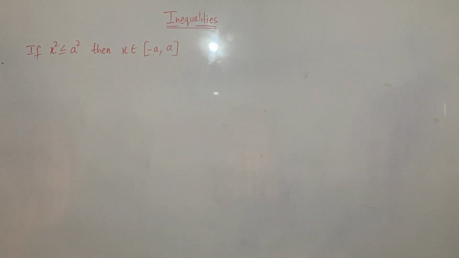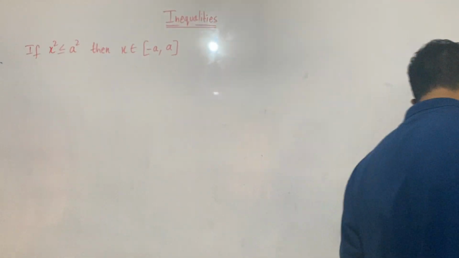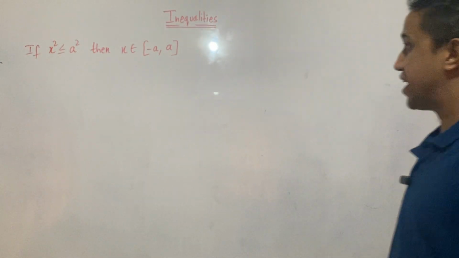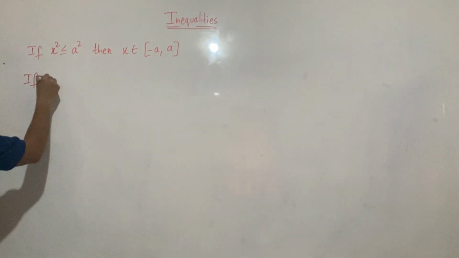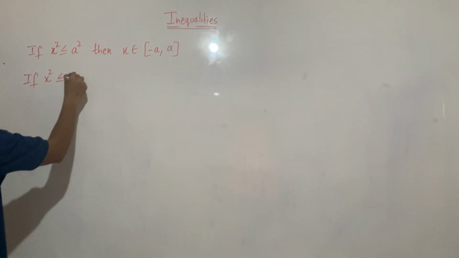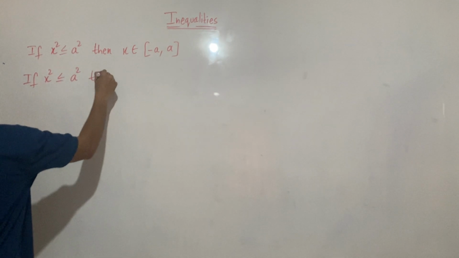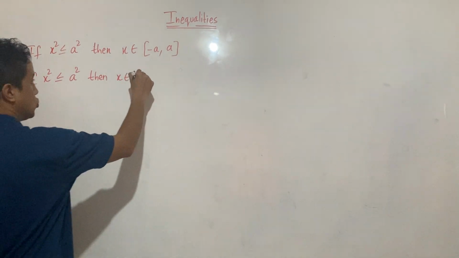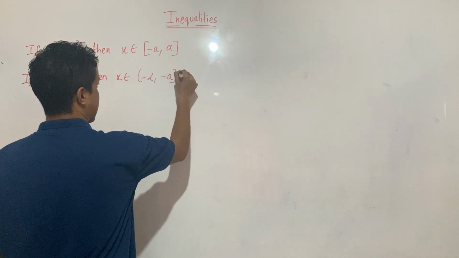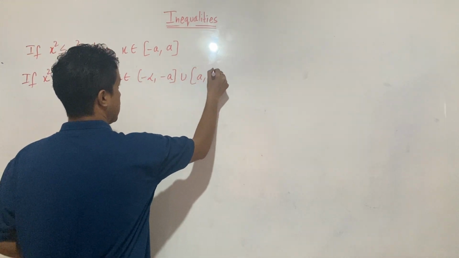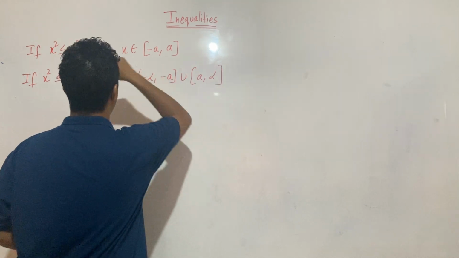Okay, minus a to a. That's what it says. And the second result says that if your x square is greater than a square, then x belongs to minus infinity to minus a union a to infinity.